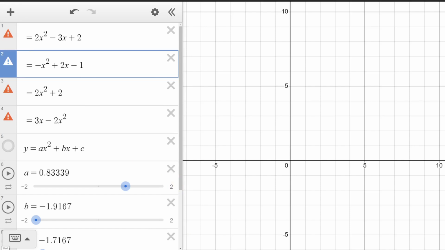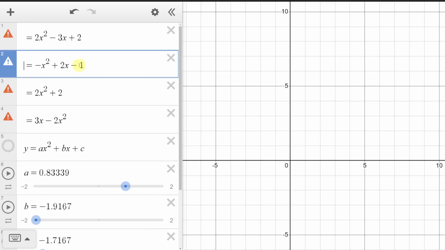Let's investigate the second function. Our a coefficient is -1, because we have minus x squared plus 2x minus 1. It means that the branches of the function shall go down. Then we have b coefficient +2. +2 means that our tangent line, which crosses the y-axis, shall have a northeast direction, something like that.